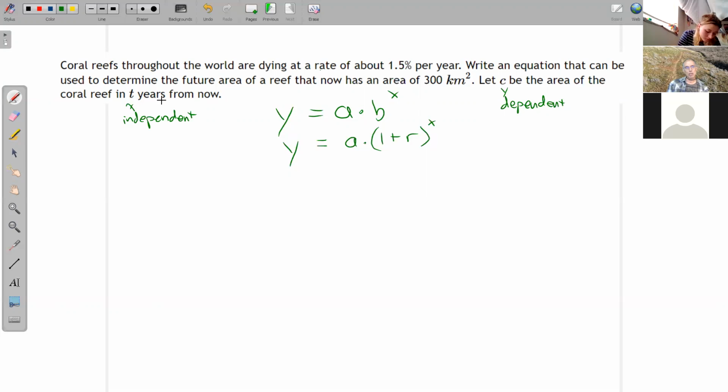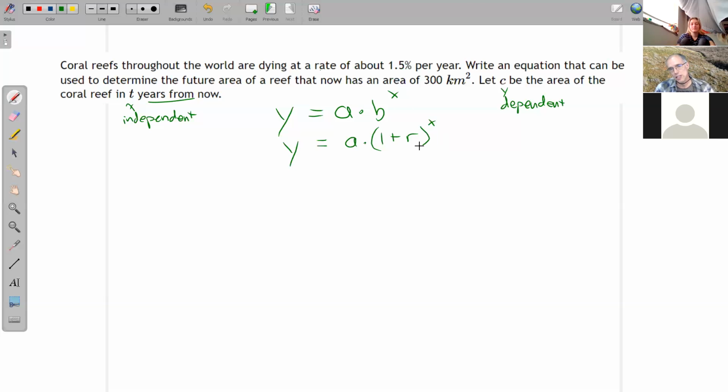And time depends on nothing, right? It just keeps going. We can't stop it. It just keeps clicking away. So generally, if there's something like years or months or minutes or hours, I'm thinking, yeah, that's probably x, the independent variable. So sometimes I have to think through that. Sometimes it's obvious.